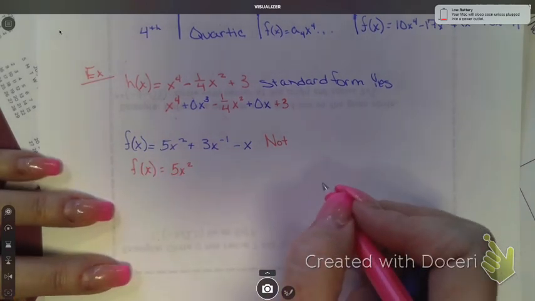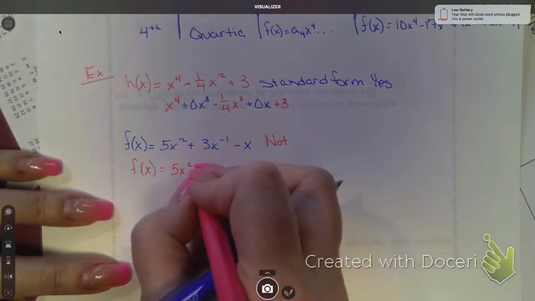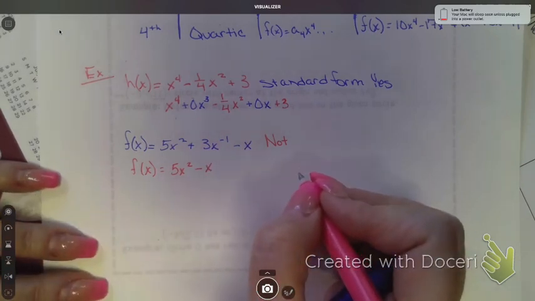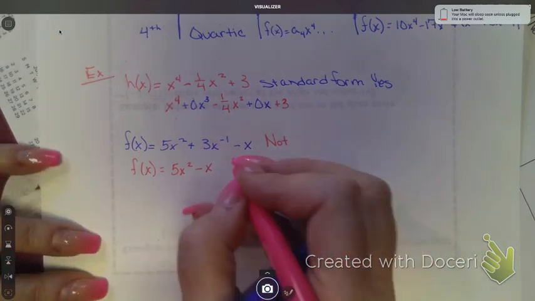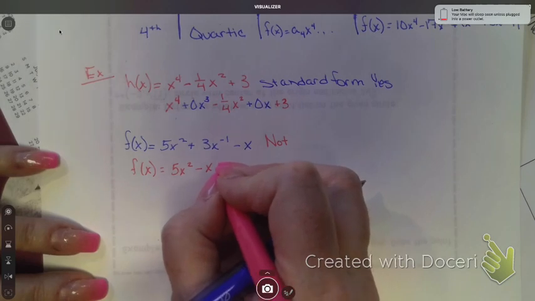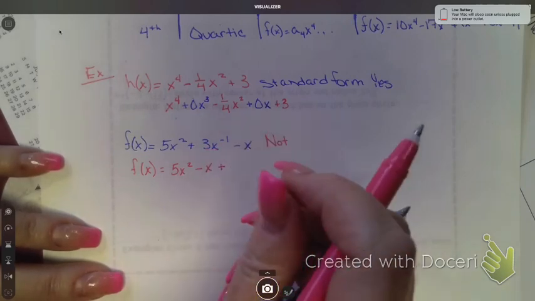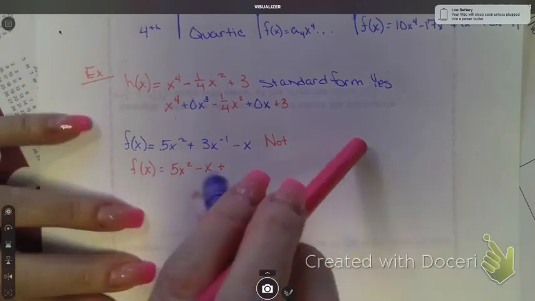What's next? Minus x, because I can move it around, but the sign has to go with it. And then 0, but we don't have one. Do you want to put it in? Okay, that's simpler.